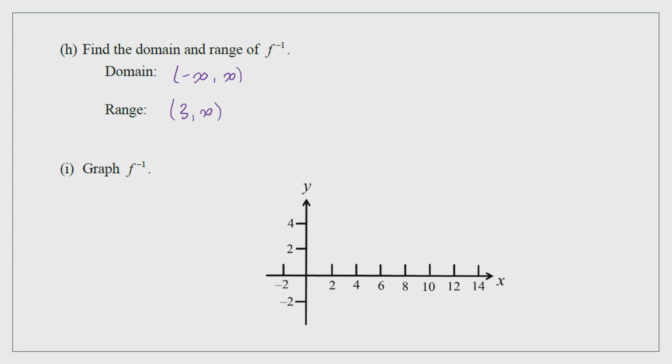Okay. So we can now graph the inverse function. So first let's graph our original function f of x. So we had our vertical asymptote at x equals 3. And then we had our points, 3.1, negative 2.